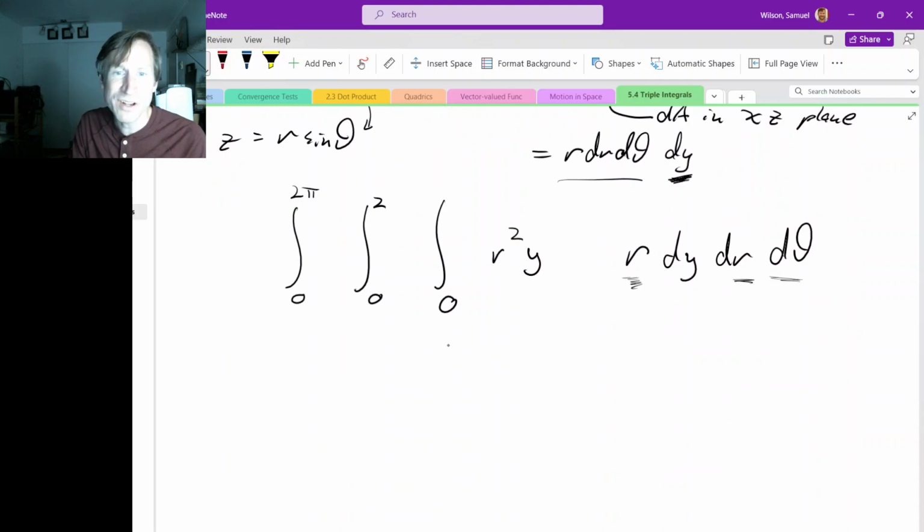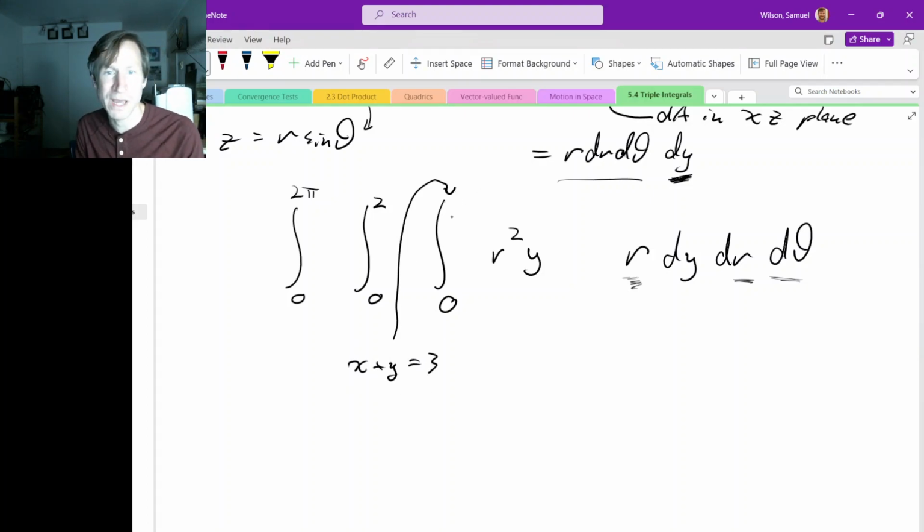So what we want to use for this upper bound is x plus y equals 3, because this is the surface that determines that upper bound. We can solve this for y, because we're using it as a y bound, so we need y equals something. So y equals 3 minus x. But we decided to use polar coordinates for the xz plane, so we need to rewrite x in terms of polar coordinates.